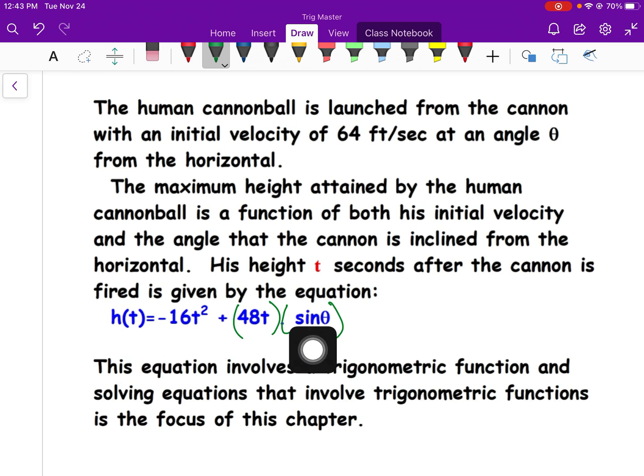So the height after time t still has a theta involved, where theta is a different variable. This would be adjusting the angle that the cannon shoots the person out at. All right, so you could have different angles. You could have a really steep angle, a shallow angle, kind of whatever you want.